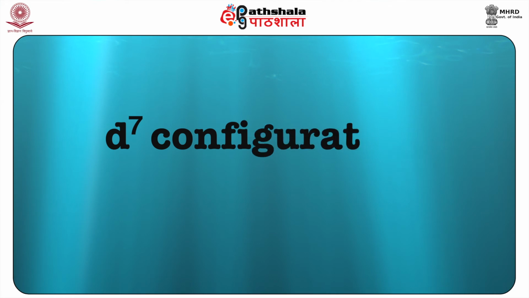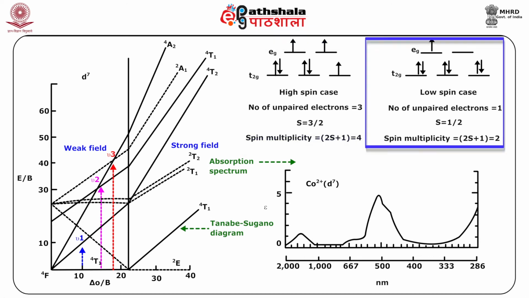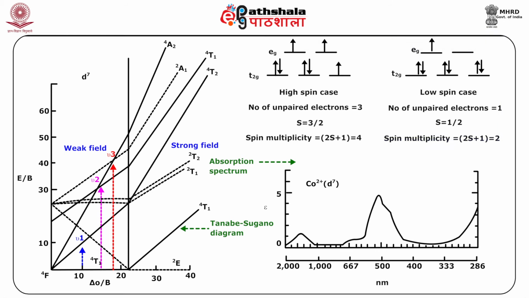Next, we are going to discuss a d7 configuration. For a d7 configuration, the weak field leads to a spin multiplicity of 4, and in the strong field, it changes to the value 2. The Tanabe-Sugano diagram of the complex along with the absorption spectrum is shown in the figure.